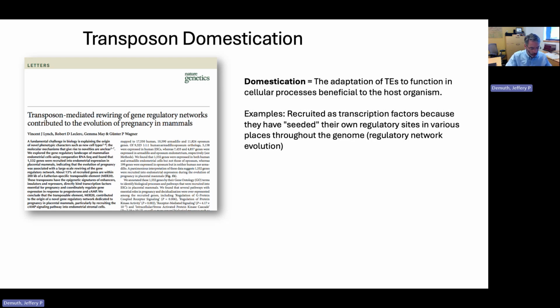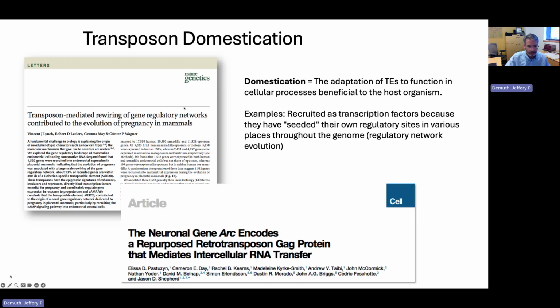And so we think, and there's good evidence, for example, in rewiring the regulatory network that's involved in placenta formation in mammals, that many of the genes that are involved in placentation have transposable elements in the upstream region, and they're all governed by a transcription factor that looks very similar to an ancestral transposable element.